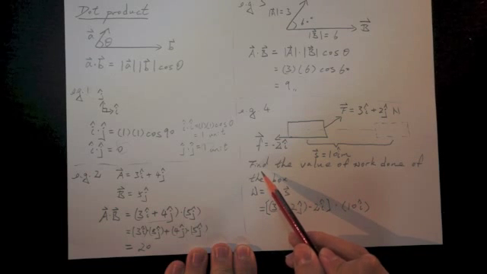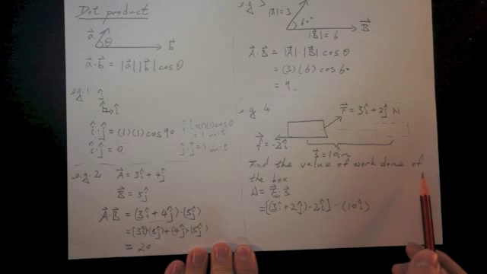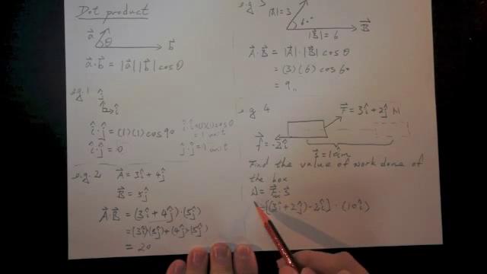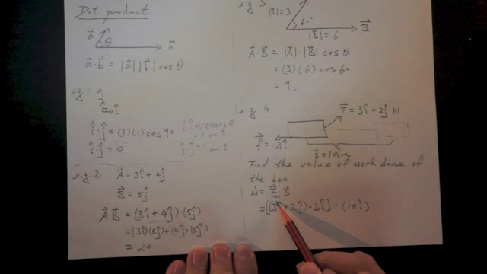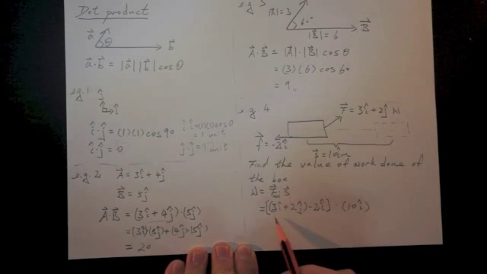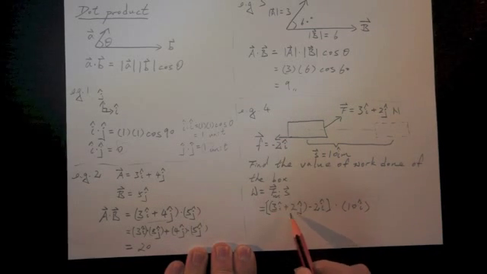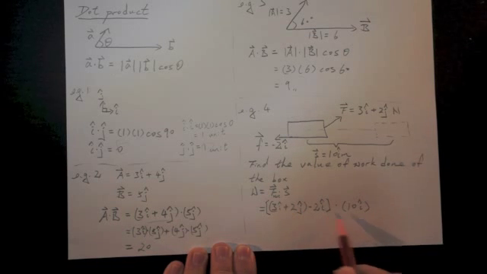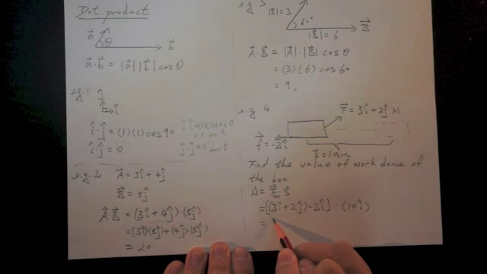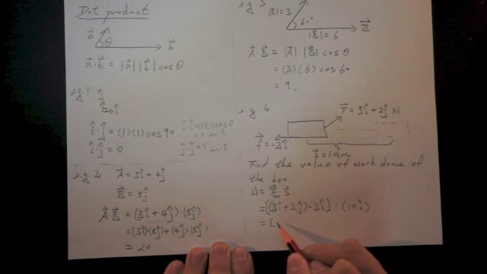Therefore, we need to find the value of the work done on the box. By definition, work done is equal to net force F dot displacement S. Therefore, we have 3i plus 2j minus 2i dot 10i. Therefore, calculate our net force first.